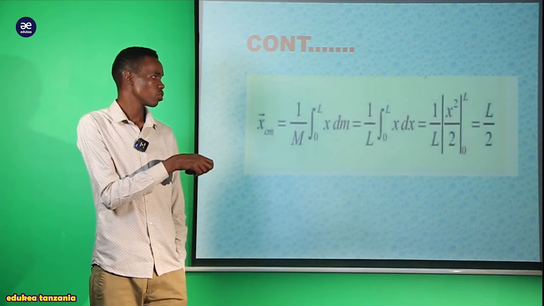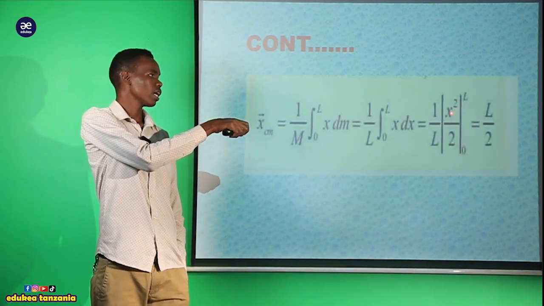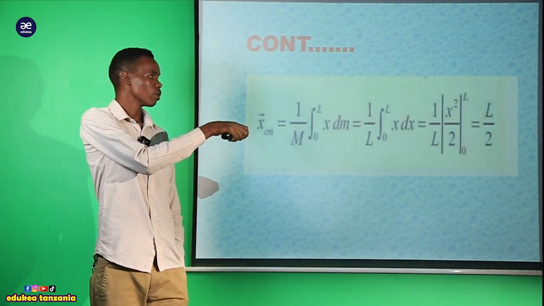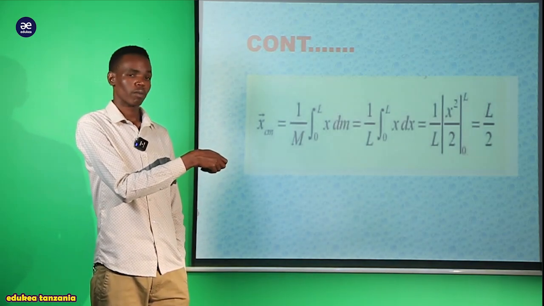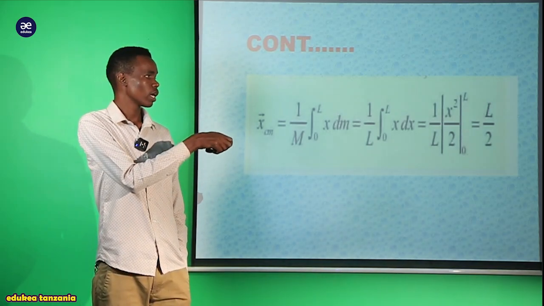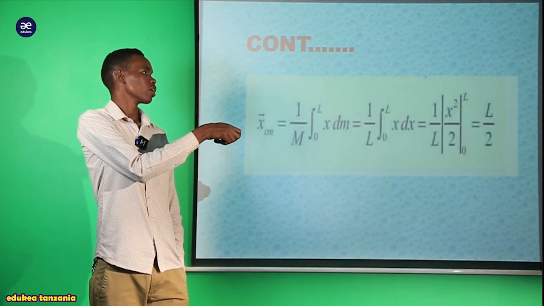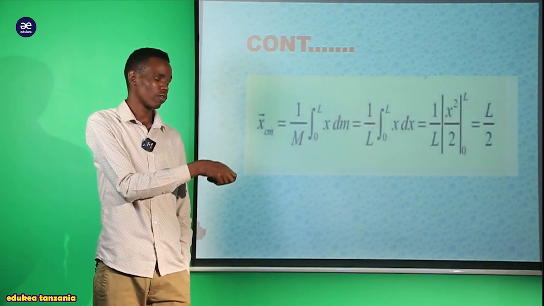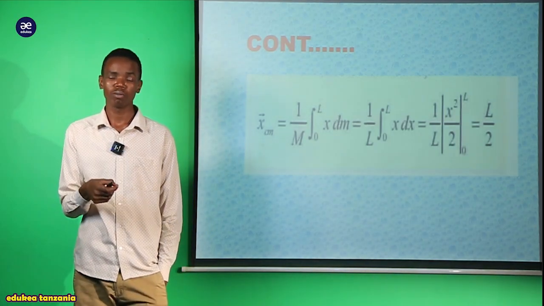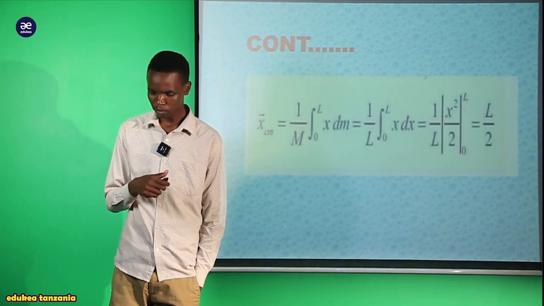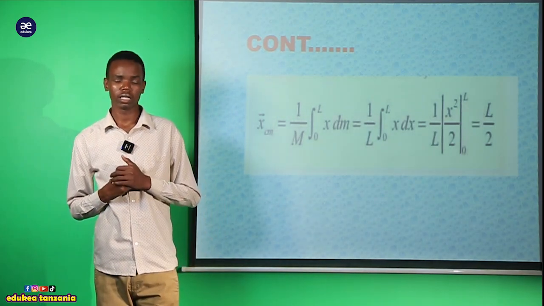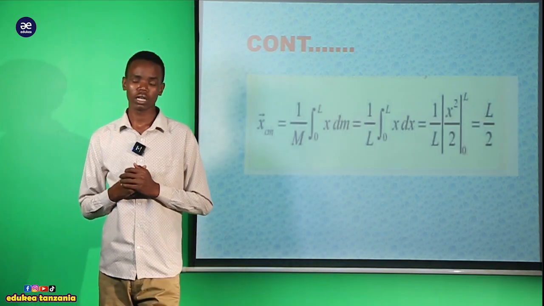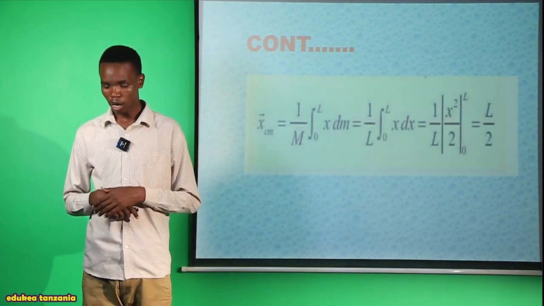Here, if we put L square, there are two L's, but with exponents and the same base, L square on top and L below, the L reduces, and we get L over 2. So this is the formula for finding the center of a rigid body for a uniform load.